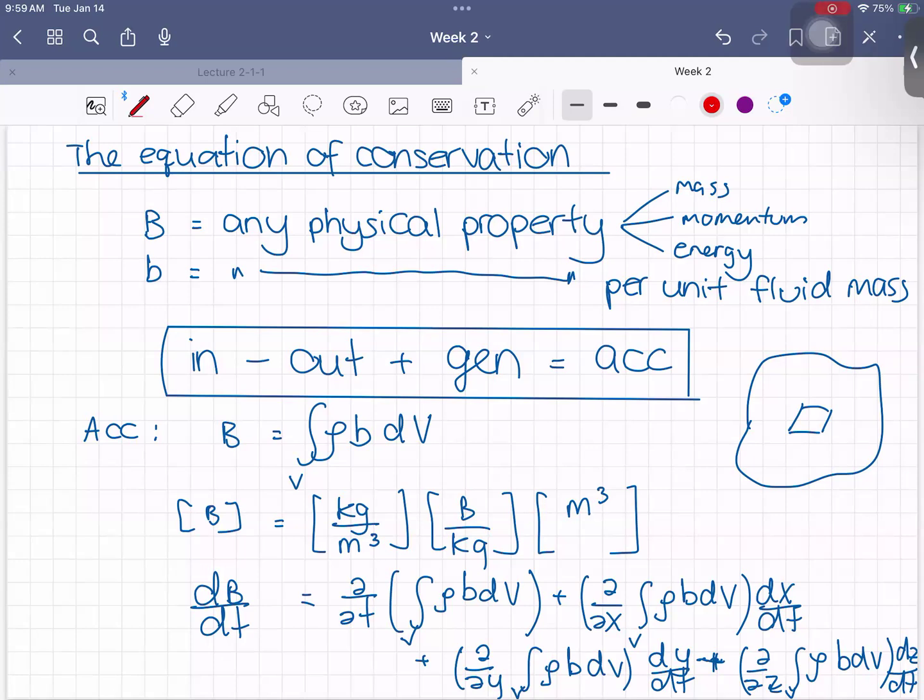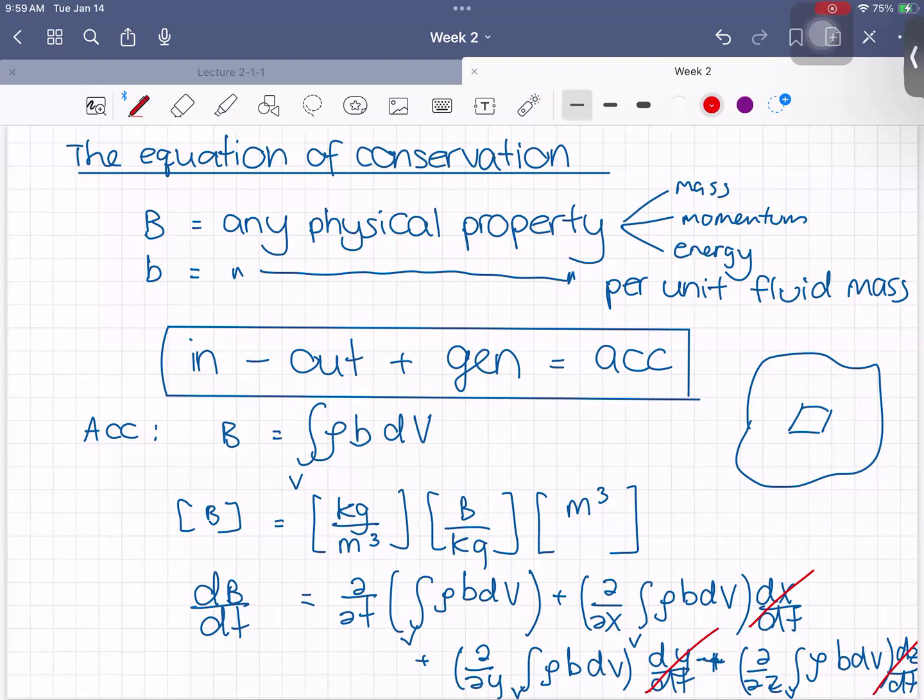So if I want to simplify the equation, if I say that the change in the system in terms of x direction, y direction, and z directions is zero, there is no change in terms of size or geometry of the system. For example, this is the system that we're focusing on right now. If the size here doesn't change with time, it means that dx by dt, dy by dt, and dz by dt are equal to zero.